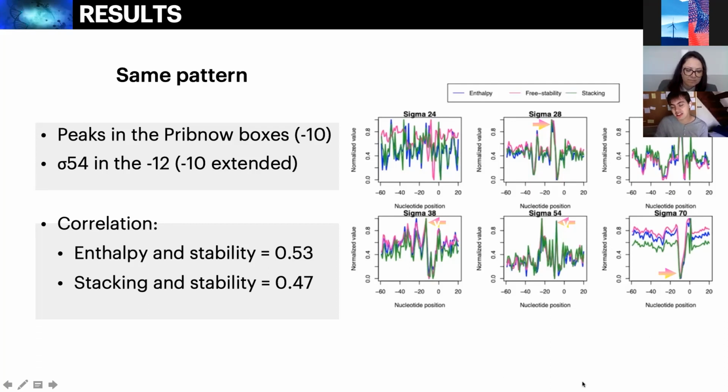And then we have tested for correlation in how these features are correlated. So we have found that enthalpy and stability are moderately correlated, presenting a P of 0.53, and then stacking and stability have a median level of correlation of 0.47.